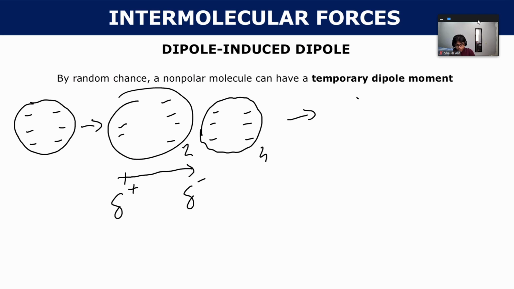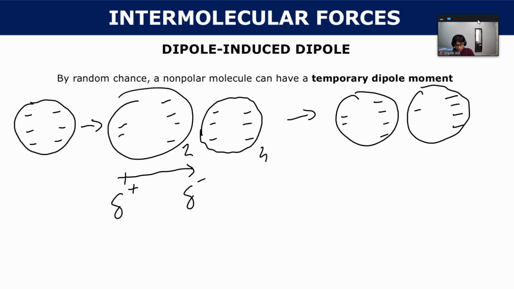The electrons are going to move away from this side onto this side in order to maximize charge and minimize repulsion. And so you see how a random event caused a temporary dipole moment, and that dipole caused another dipole. And this dipole will cause another dipole, and so on and so forth. And this constant dipole forming is what you call a dipole-induced dipole.